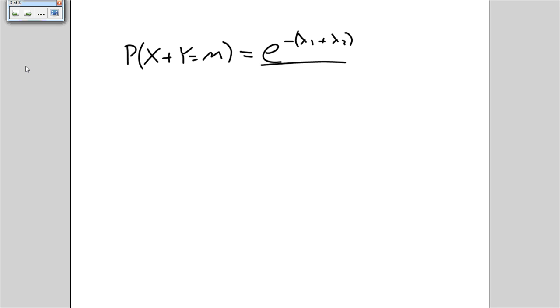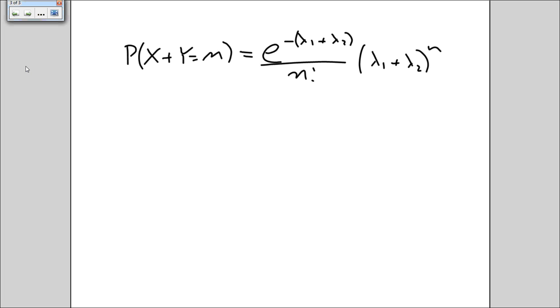For example, we just learned that for Poisson, the probability that x plus y equals n is e to the negative lambda 1 plus lambda 2 all over n factorial times lambda 1 plus lambda 2 to the n.